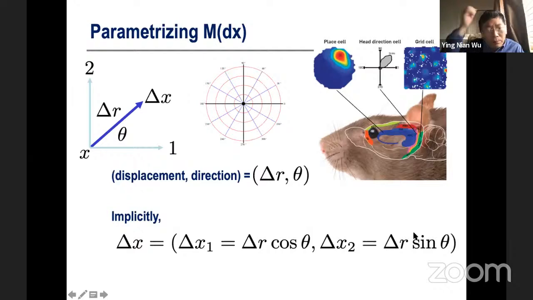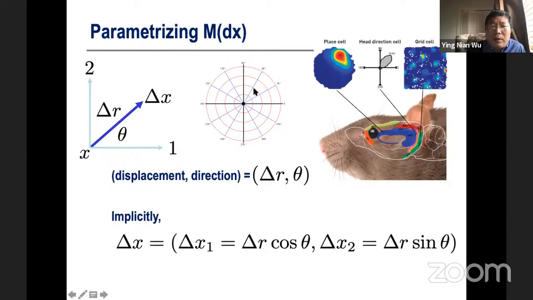Okay, so now let me briefly explain how to parametrize this M through this Lie algebra and Lie group type of structure. Actually, in a biological system, we don't encode the delta X by the two coordinates, like delta X1, delta X2. That's not plausible.